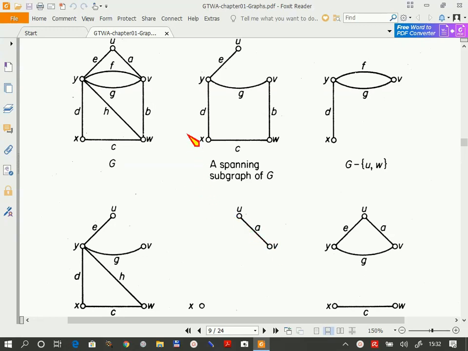Why? Because, for instance, edge b has an end which is v, but the other end is not in our set, and so you cannot take b inside. All right?